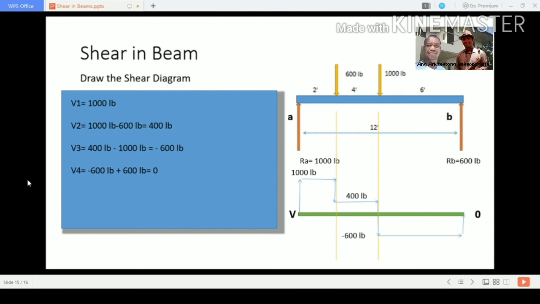Okay, so that is equal to 0. We have to close the diagram. Okay, so this is now our shear diagram, and our maximum shear is at 1,000 pounds at reaction A.